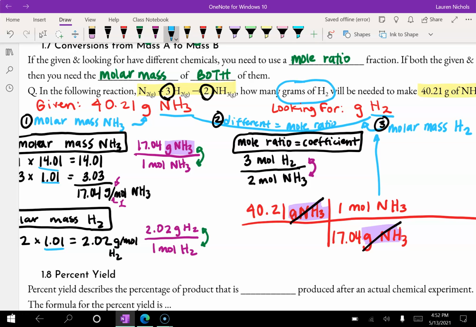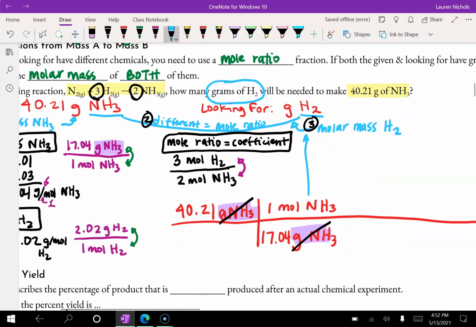So that means I have to keep going in my T-chart and use another fraction, which I already know I need 3 fractions, and I've only used 1 so far. So if we have moles of NH3 here, again, follows the same pattern. We put moles of NH3 at the bottom. And so we look for moles of NH3 in our chart.